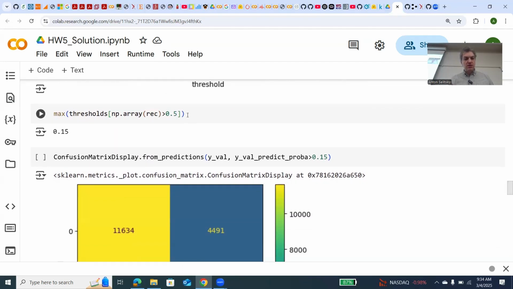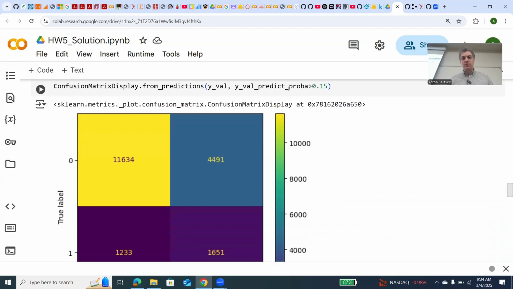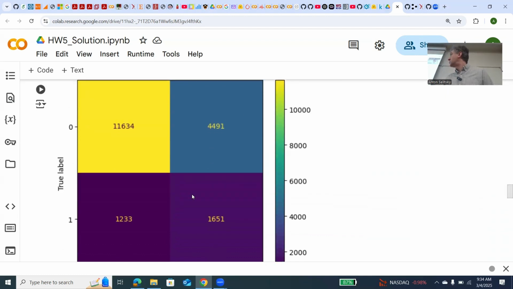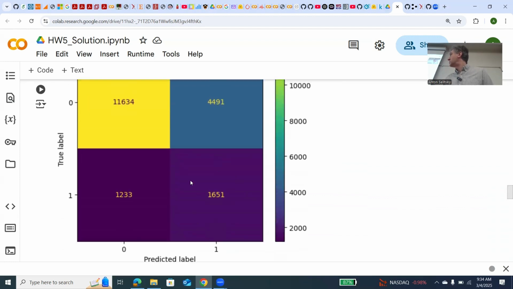This is how I chose this threshold, like recall greater than 0.5. And when we apply classification with this threshold, the number of true positives increased.